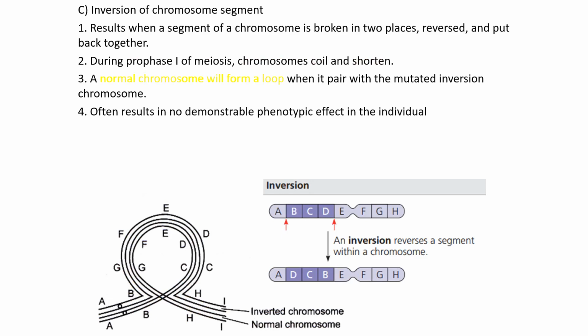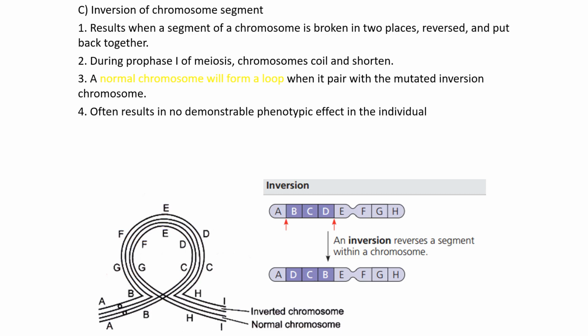Inversion of chromosome segment. Now, this is a result when a segment of a chromosome is broken in two places, like the ones that you watched, and then reversed 180 degrees and put back together.